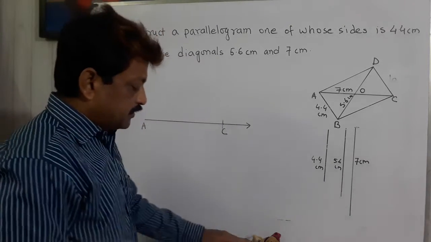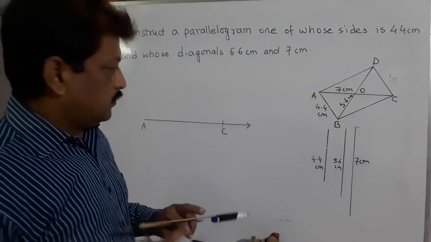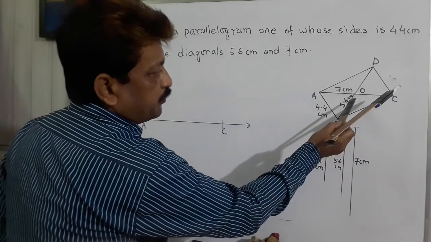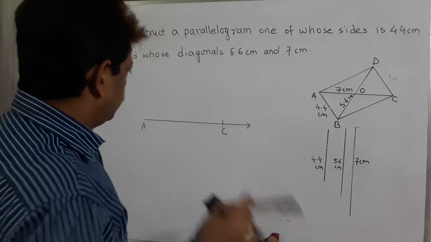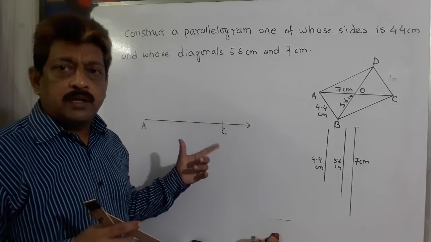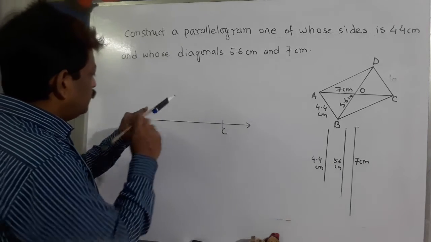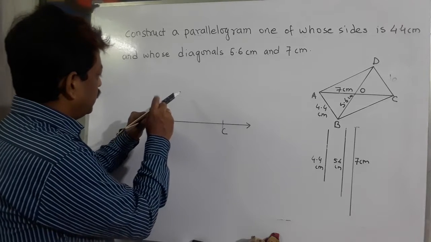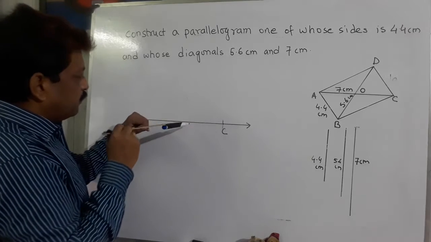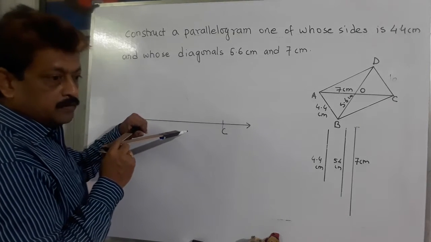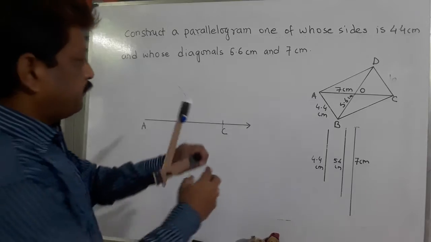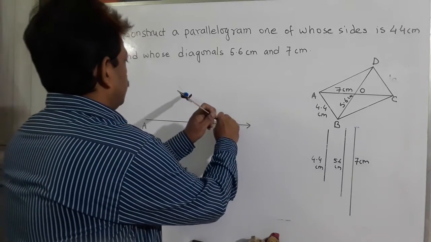Okay. Now, as I have told you, diagonals of a parallelogram bisect each other, that is, they meet at a point which is the midpoint of both the diagonals. So first of all, I have to find the midpoint of AC by using the perpendicular bisector. So you all know how to draw a perpendicular bisector. From A, I have to take one arc on both sides of AC, and from C, with the same radius, I have to cut the previous arc.